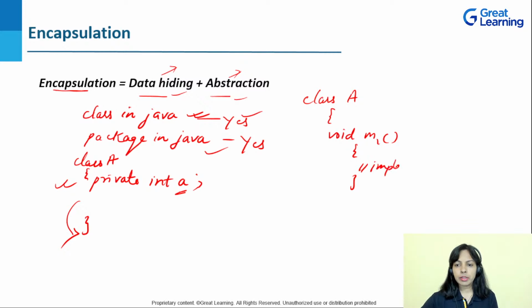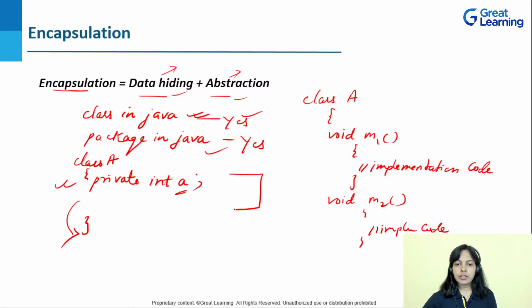Then this will be your implementation code. Suppose there is another method m2 and then there is some implementation code.